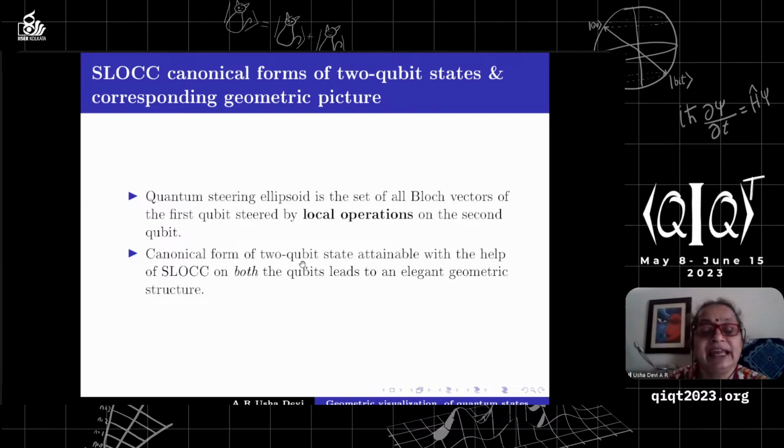But if you take a two qubit state and you do local operations on both the qubits, is there a specific canonical form that you get? Because local operations are allowed for me, I will try to use local operations and get some geometric structures. Can it be related to the steering ellipsoid? Yes, I will be able to relate it, but I may end up with a better, more elegant picture.